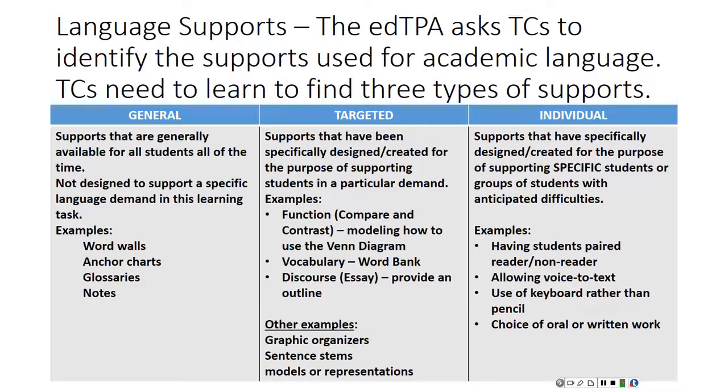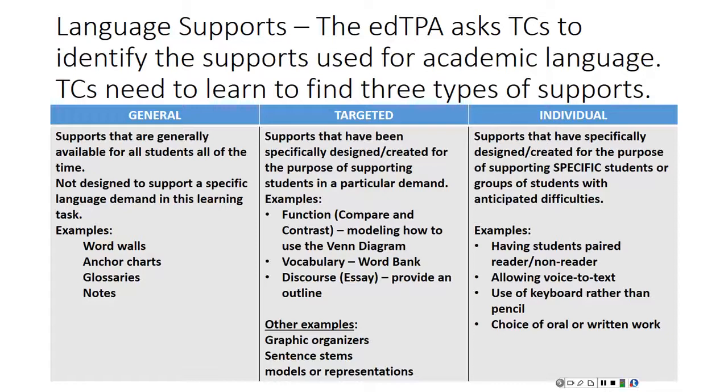General supports are supports that are generally available to students, all the time. They've not been designed for a specific thing. They're word walls, they're anchor charts, they're glossaries, they're notes. They're available, and they've not been specifically designed for a specific thing.